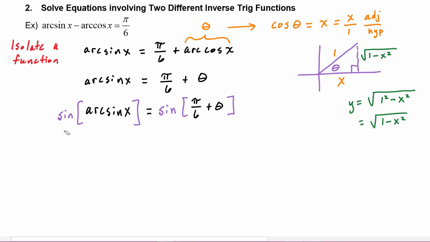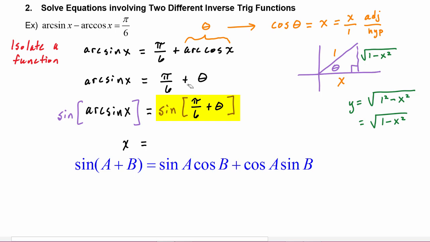On the left-hand side here, we know that sine of arcsine of x will become x. On the right-hand side, we can use the sum identity for sine of a plus b.